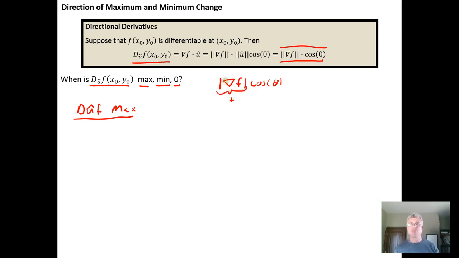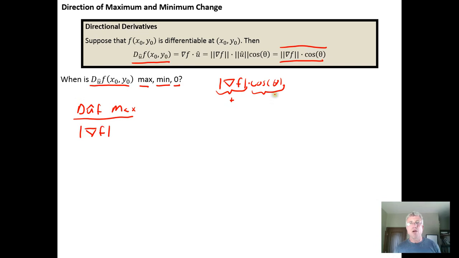The size of a vector is a positive number. So this product will be maximum when the cosine of theta is at its maximum. And the cosine of theta runs from -1 to 1. So the cosine of theta, the biggest it can be, is 1. And 1 times the size of the gradient is just the size of the gradient. So the biggest the directional derivative ever gets is the size of the gradient.